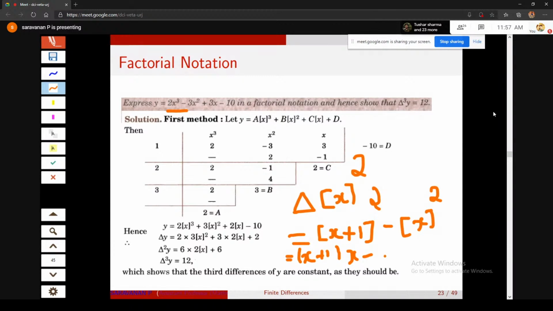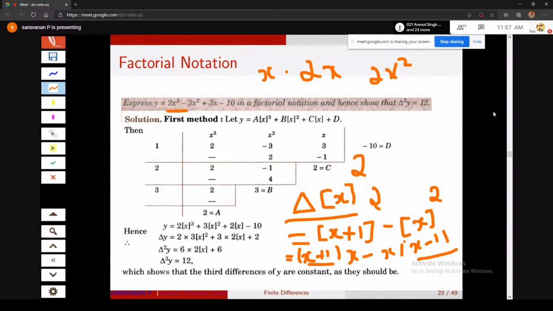Minus. Factorial x square is x into x minus 1. From both terms, if I take x common, then here you will get x plus 1 and here you will get x minus 1. Plus 1 minus 1 will get cancelled. Therefore, you will get 2x. Sorry, somewhere I made a mistake.